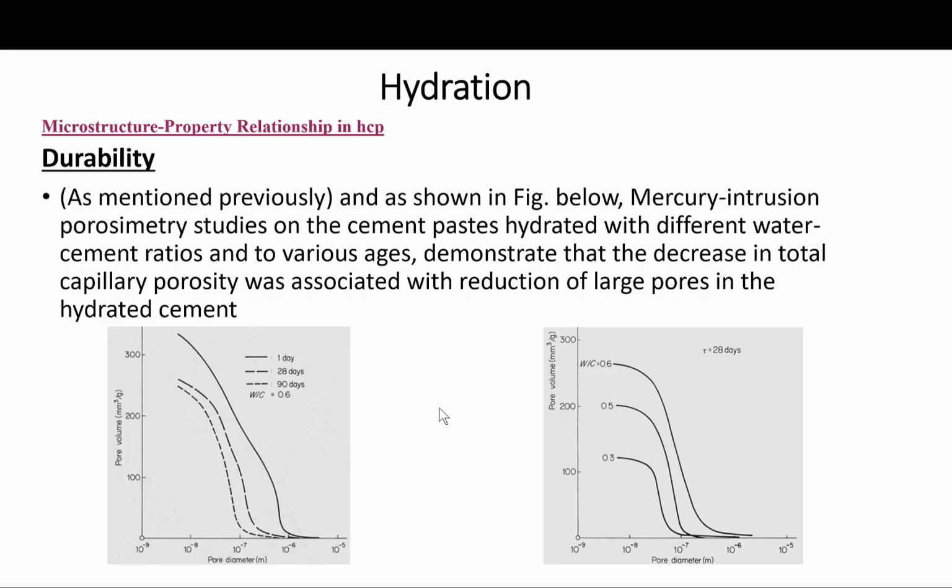The intrusion porosimetric studies on the cement paste hydrated with different water cement ratios and various ages, on these two graphs, demonstrate that the decrease in the total capillary porosity was associated with the reduction of the large pores in the hydrated cement paste. Look at this. Basically, the decrease in the large pores.